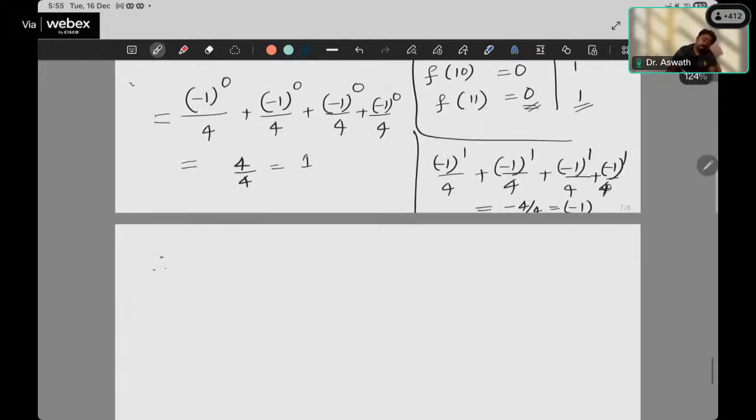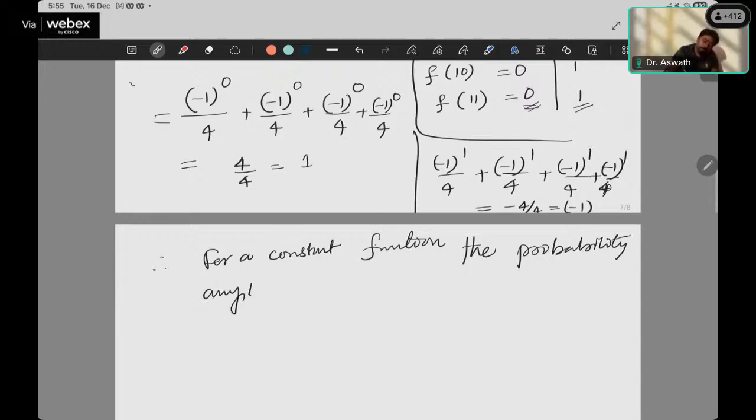So let me conclude, for a constant function, the probability, I'll just square it, the probability of getting z equal to 0, 0 is 1.